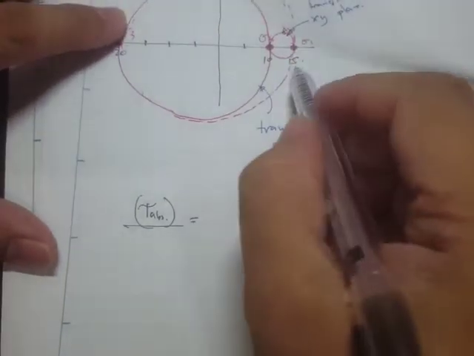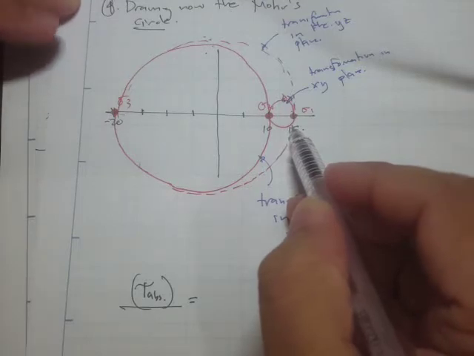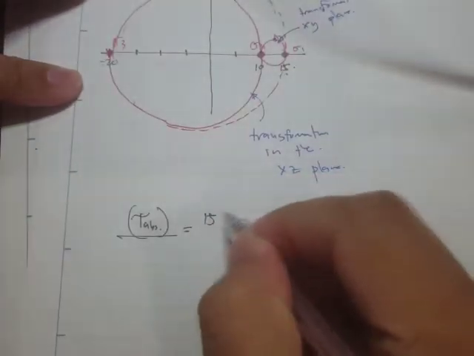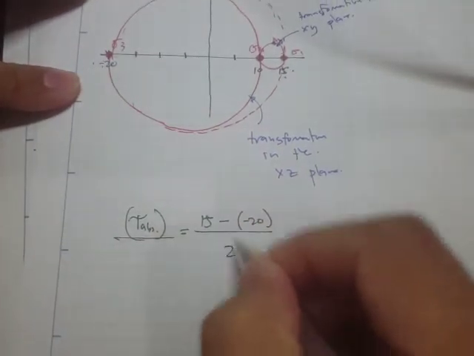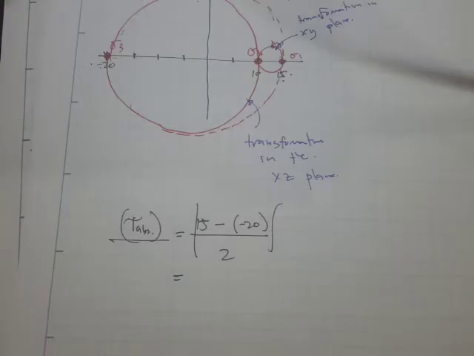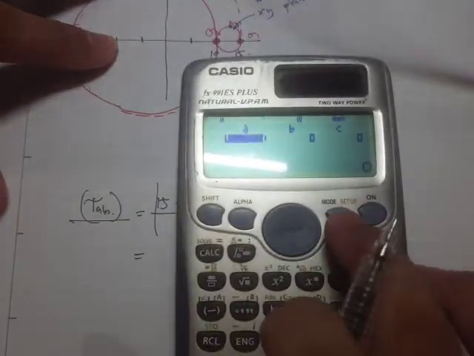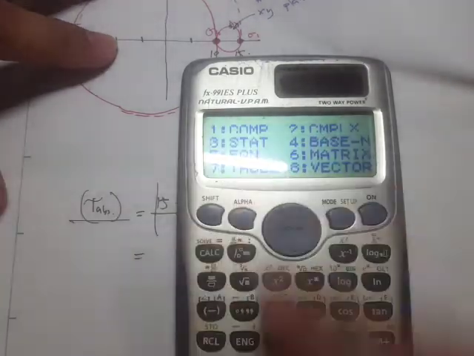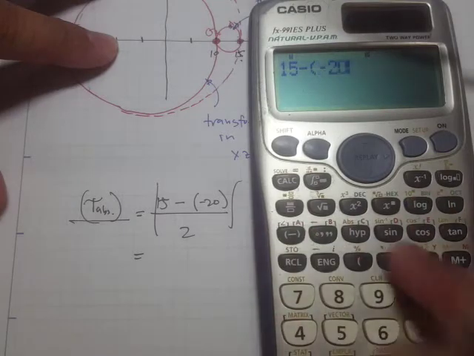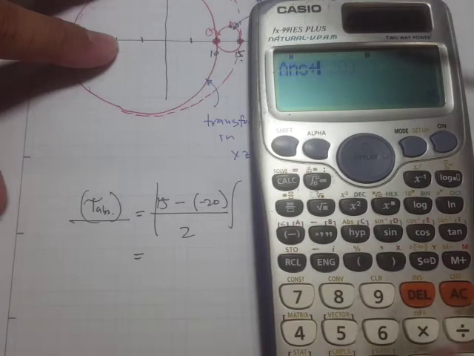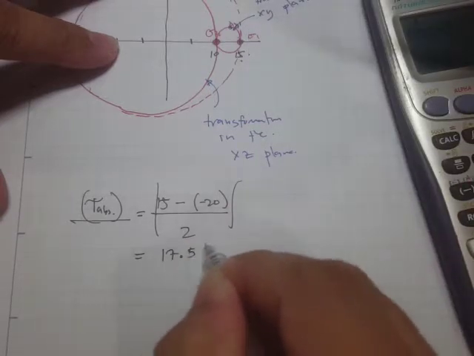So this is 15 minus negative 20, divided by 2. By the way, we have to go back to the computation mode. So let's press 1. And 15 minus negative 20 divided by 2 is 17.5 ksi.